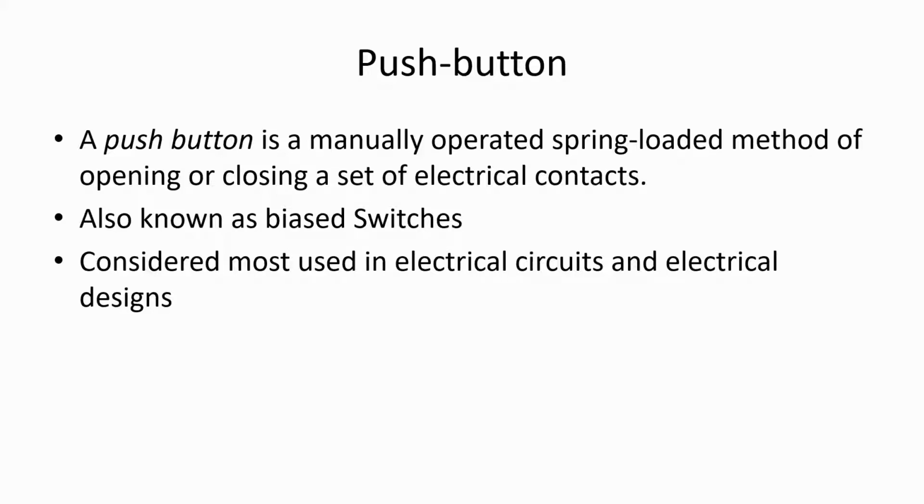It has a spring inside, it is spring loaded, so it is used to either close or open a set of electrical contacts. These push button switches are otherwise called biased switches. This is considered the most used component in electrical and electronic designs.